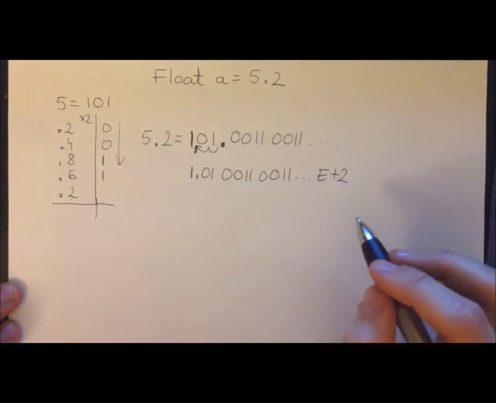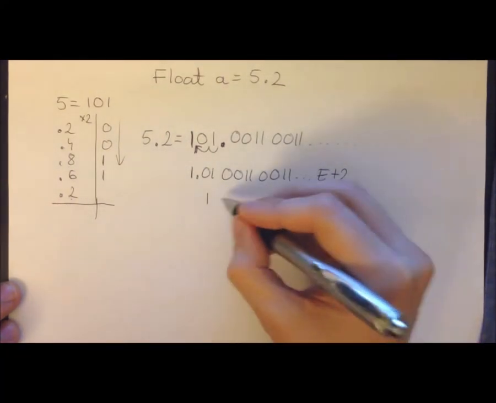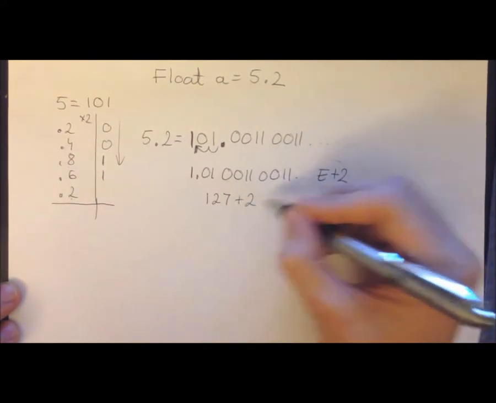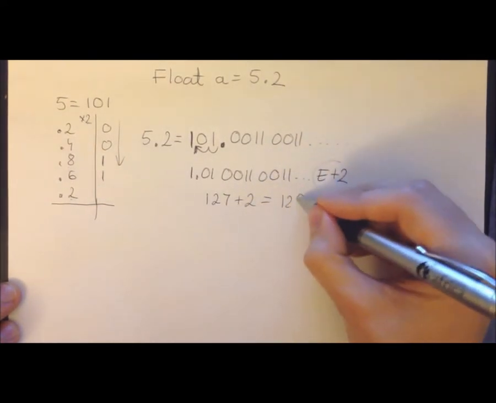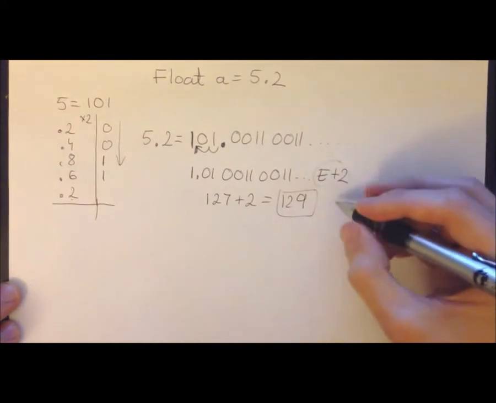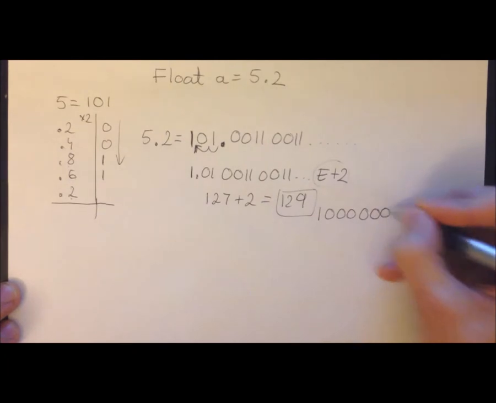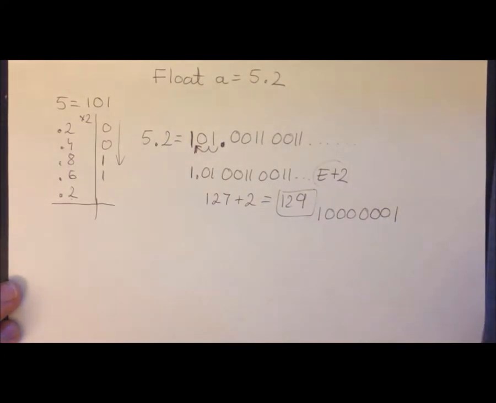Now there's a trick that we have to add 127 to our exponent, which is 2. It is 129, which in binary is 1 followed by 6 zeros and 1.